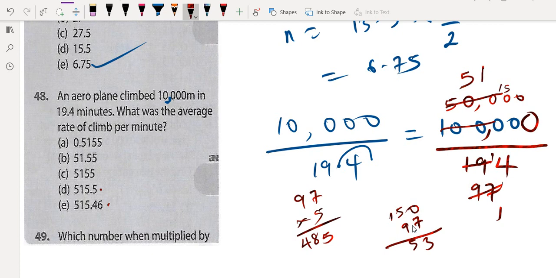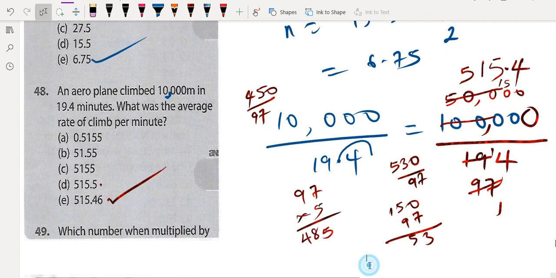So put it here, it will now be 530 over 97. That gives us what? Another 5, which is 485. 530 minus 485 gives us 45. So we have 450 over 97. How many? 4. So we'll just go with this without even thinking. Yeah, that's a straight answer.